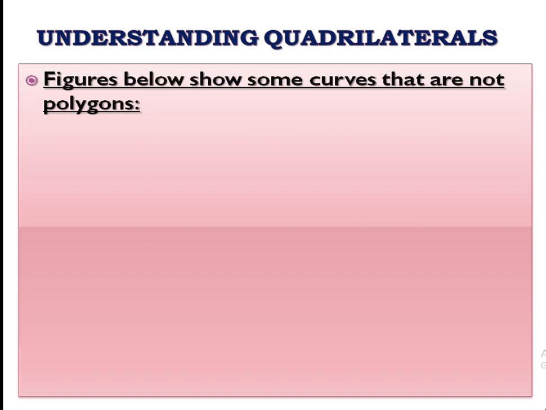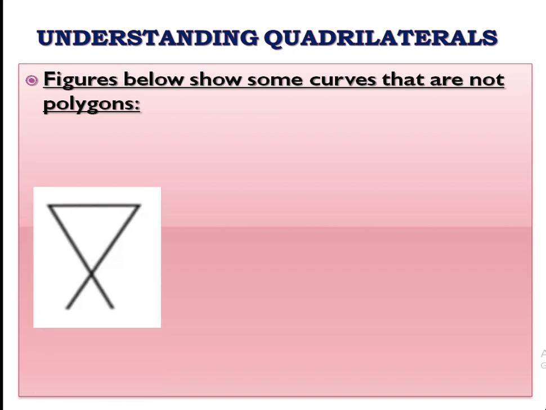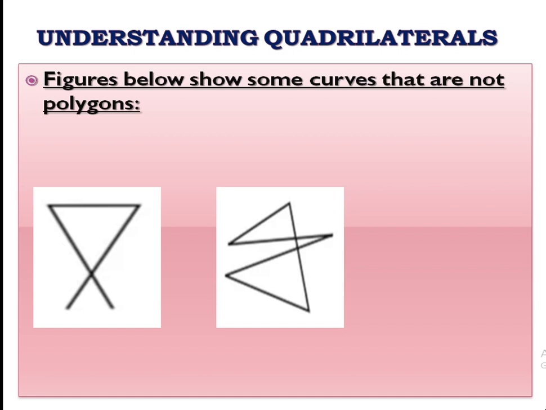Now the figures below show some curves that are not polygons. See the figure. Here it is. First figure: you see in this figure the curve cuts itself. Now next figure: here in this figure you see the curve cuts itself.